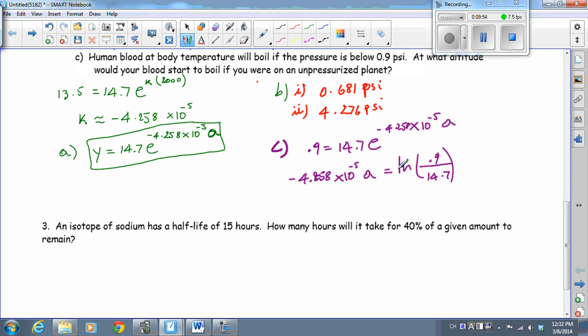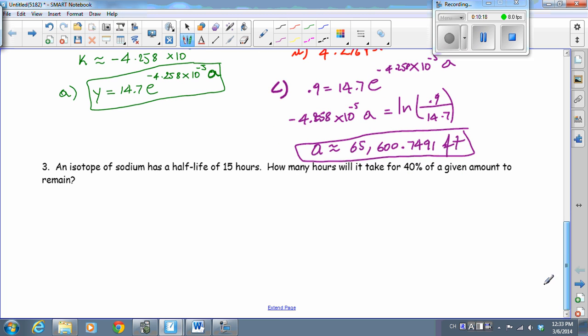Using your calculator, you will find this natural log and you will divide by all this value to get A is approximately equal to 65,600.7491 feet. Guys, make sure you're getting the same answer on your calculator. Let's go ahead and do the last problem.